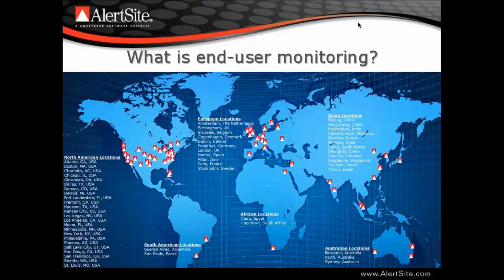And you'll see later we can also take measurements internally as well to fortify the data we're collecting here, so we'll talk about that too. AlertSite's completely built-in browser monitoring technology means that we see the application exactly as it really works.